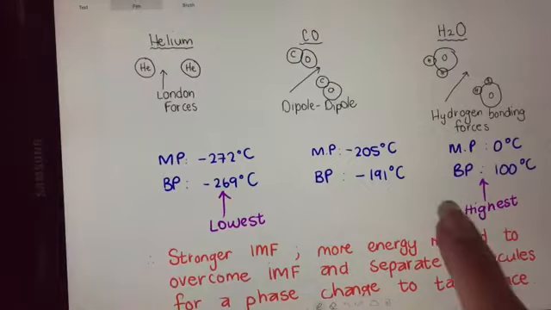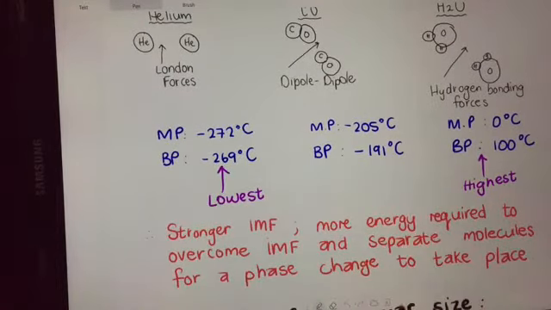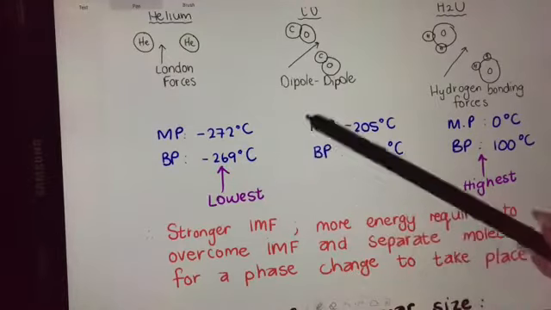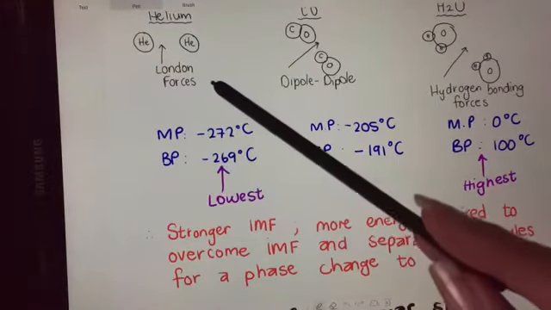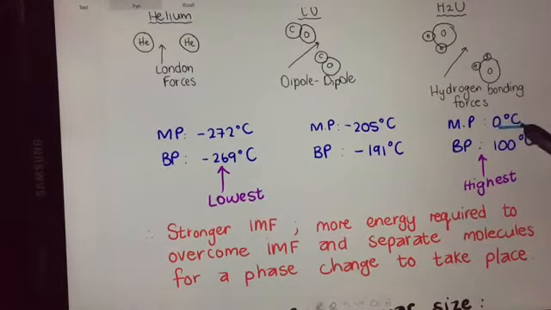Now, take a look at the values over here. And of course, you don't have to go learn them. So we can see that the melting and boiling point of helium is the lowest, and the melting and boiling point of water is the highest.